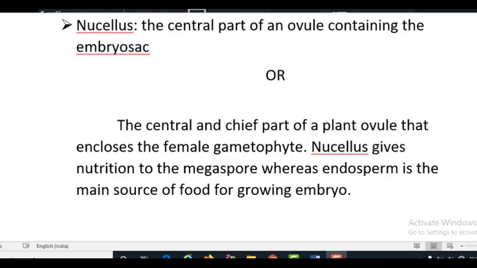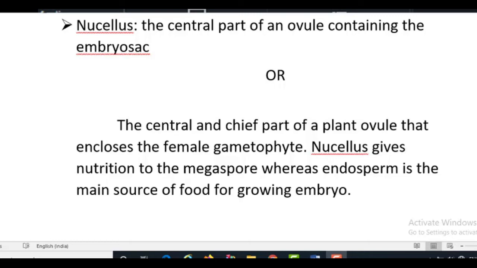The central and chief part of a plant ovule, also known as what? Megasporangium. Good. The central and chief part of a plant ovule that encloses the female gametophyte.